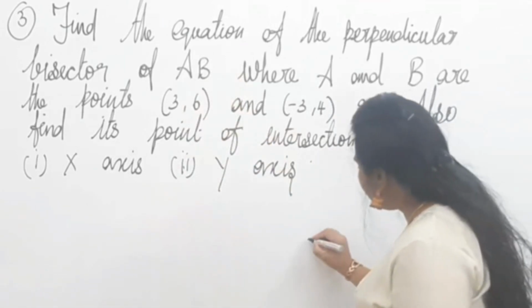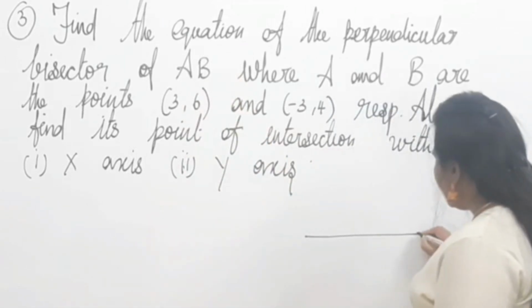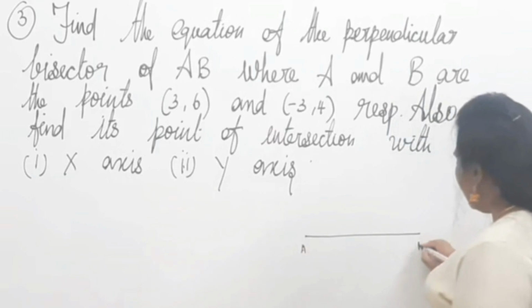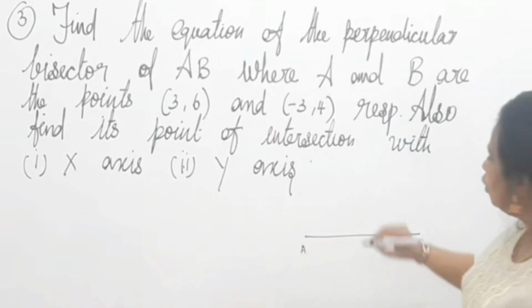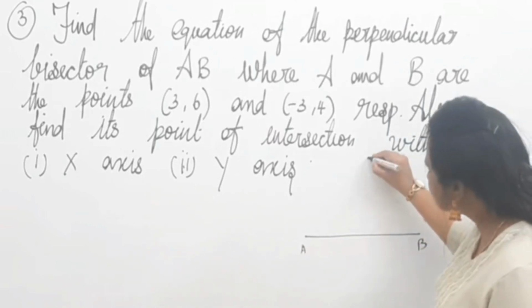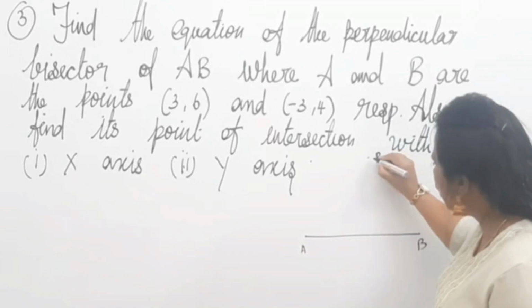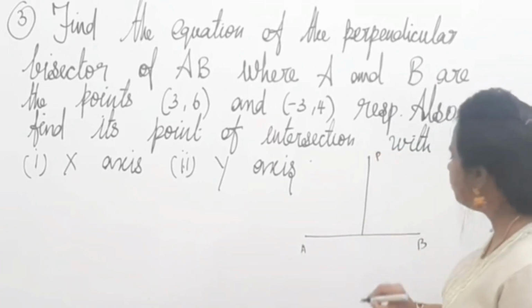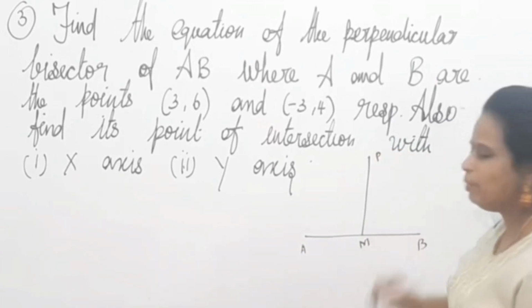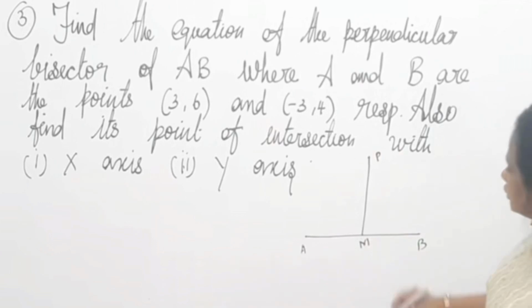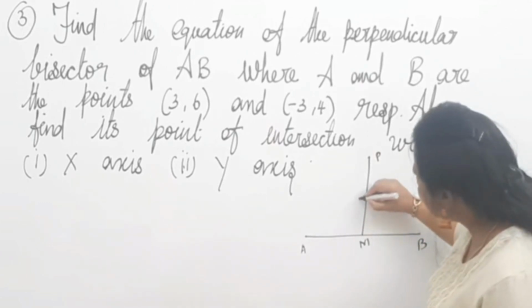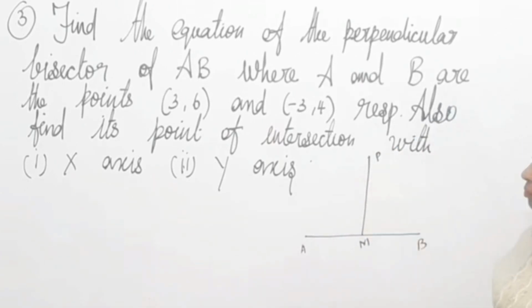So I have my line segment A and B, and I have to find the equation of the perpendicular bisector. Suppose P is the point and I have my perpendicular bisector which is PM. Now my question is, find the equation of PM.